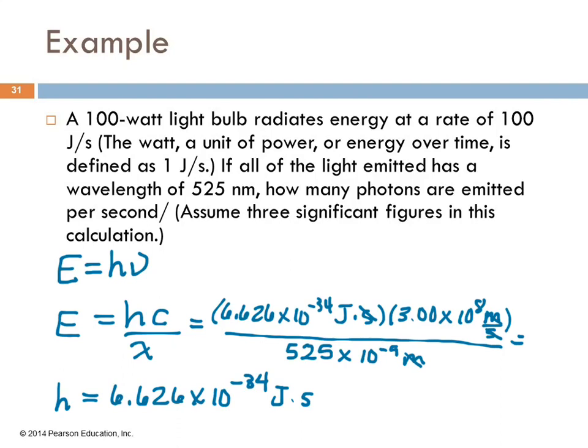That times 3 times 10 to the 8th divided by 525 times 10 to the minus 9. And we get this ridiculous number: the energy of one photon is 3.786 times 10 to the minus 19th joules.